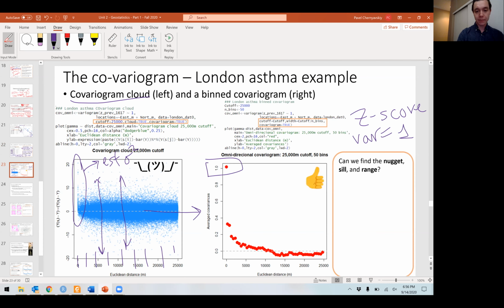The value of the covariogram at distance equals 0 is the sill, right? So the sill is our covariogram at a distance of 0.